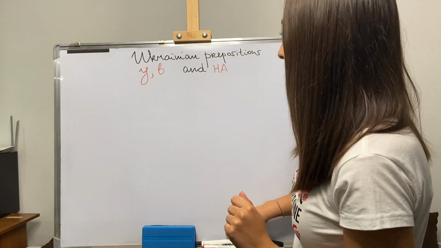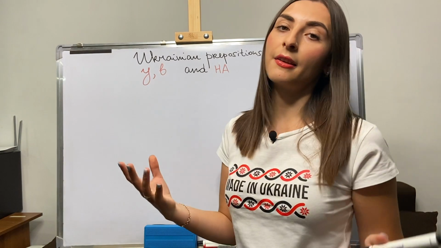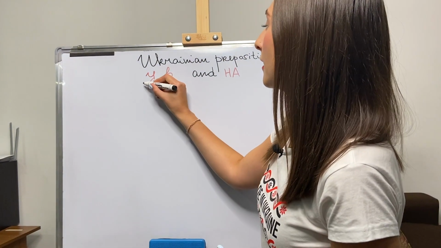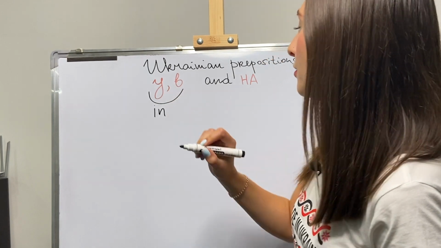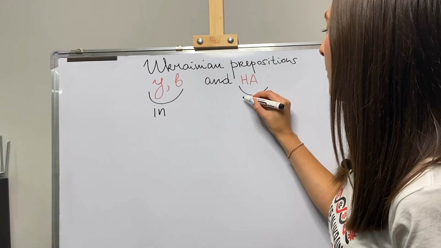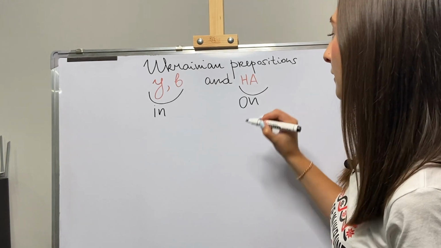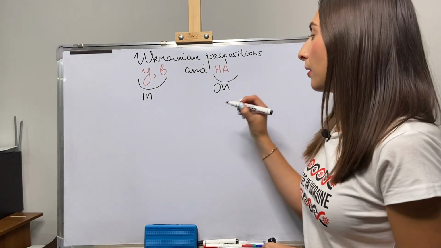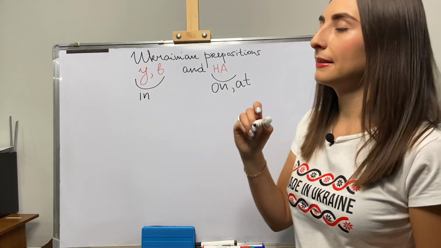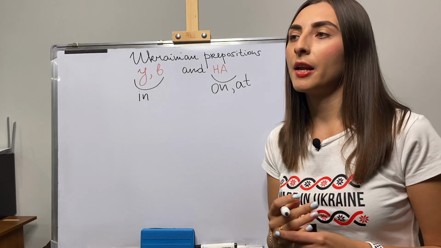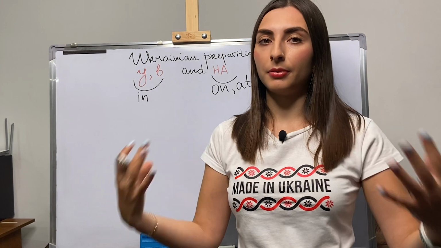But let's first of all translate them into English. У and в mean in English "in", and на we can translate as "on". Sometimes we can also translate it as the English preposition "at", specifically when we use it as a preposition of place.